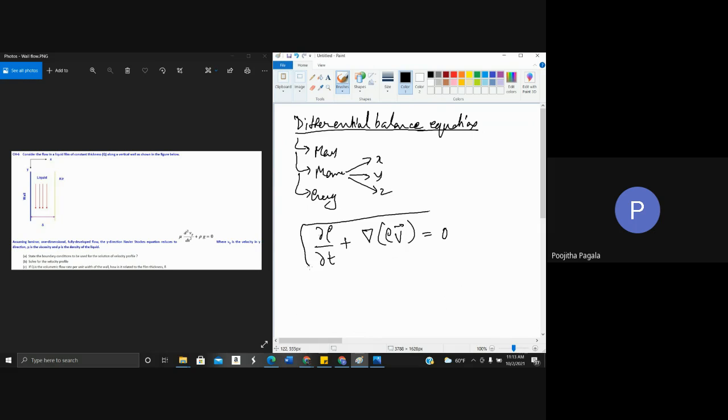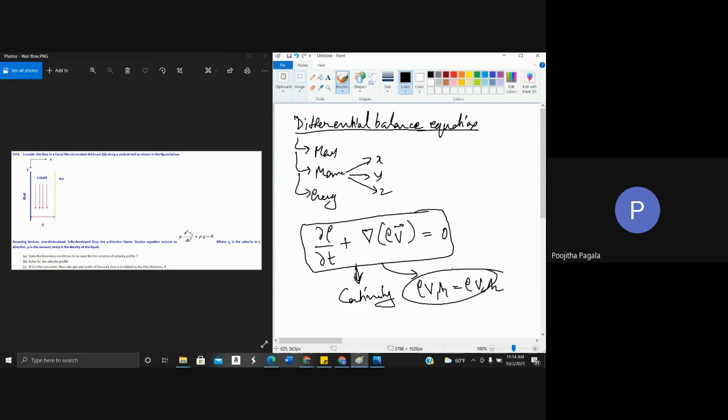This is the differential balance equation for mass. Similarly, you obtain the continuity equation, which we write as rho v1 a1 is equal to rho v2 a2. This is nothing but a special case of this applied to a macroscopic system.